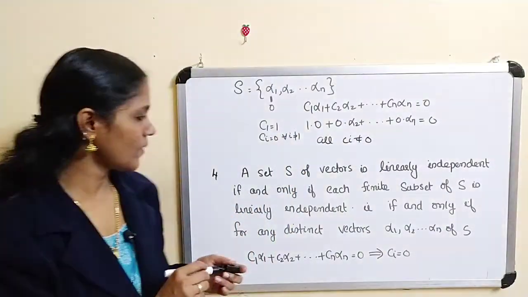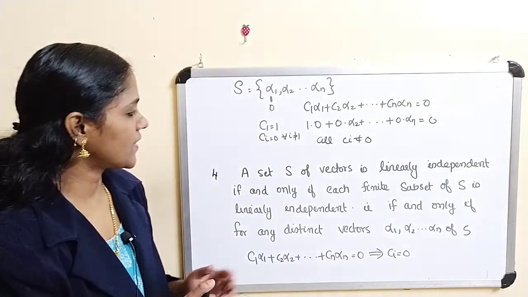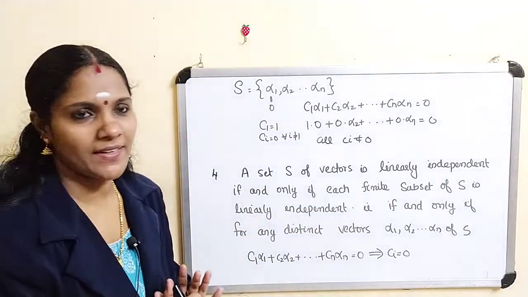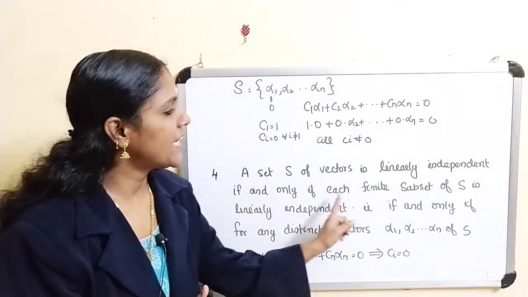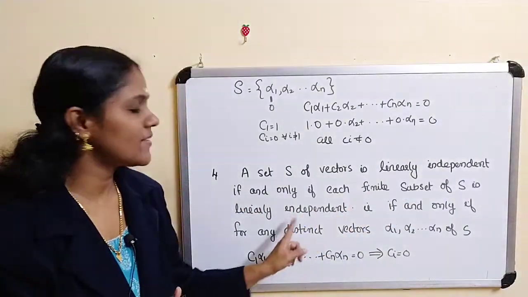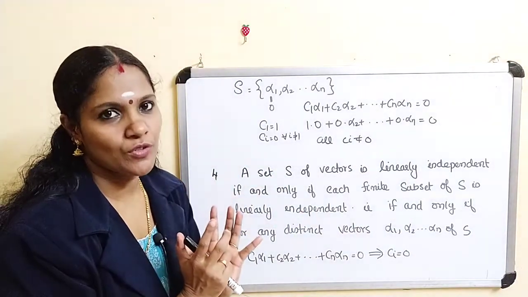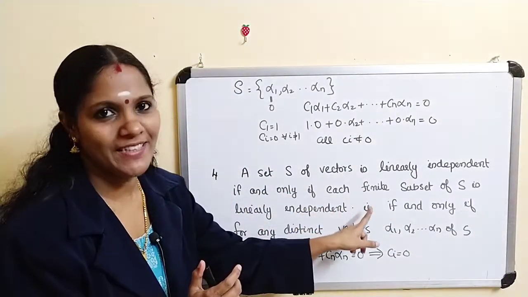Now the fourth property: a set S of vectors is linearly independent if and only if each finite subset of S is linearly independent. If you take any finite subset of S, then that must be linearly independent.